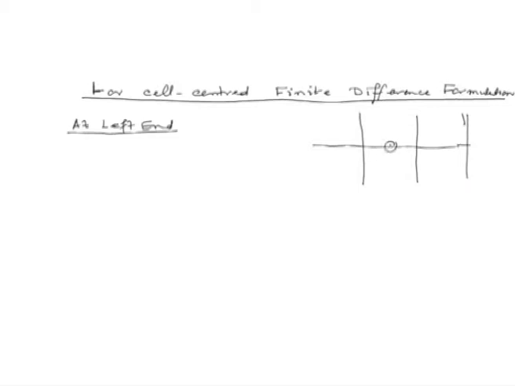Remember, the computational nodes are in the center of the cell, and this is our problem domain, this is our left boundary. The boundary conditions are specified here. So, we will introduce a ghost node 0 and the temperature at the boundary, let us call that T of B.